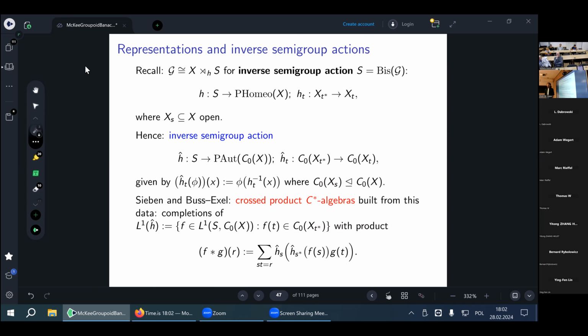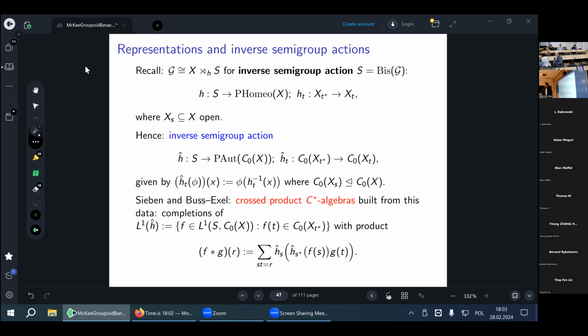And the formula for the convolution product is not quite what you would expect. So here we have h_s and here h_s star on this part.